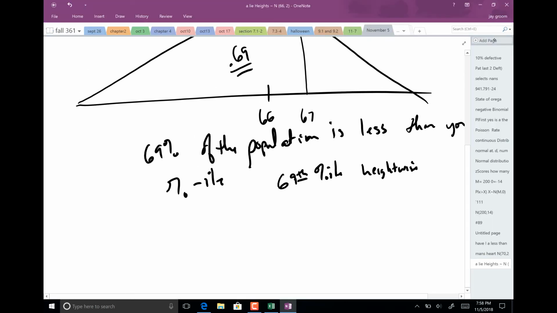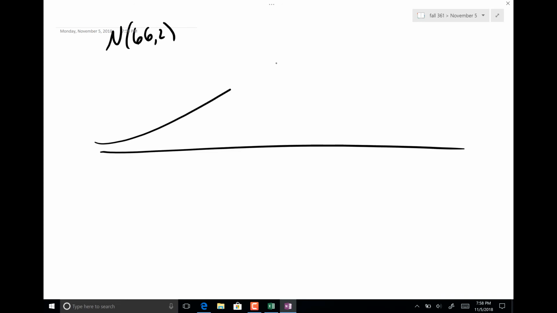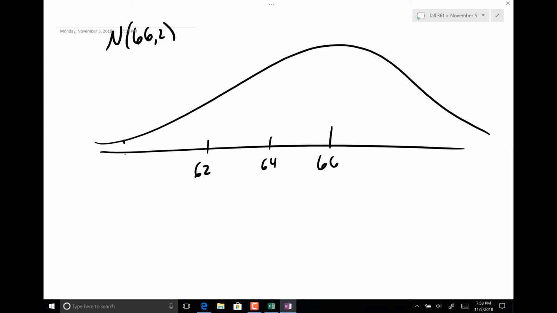If a person were to go on Match.com, and again, women's heights, let's just say 66 and 2, and the person has a weird taste in women's heights. For instance, this is what he's saying: 60, 64, 66, 68, 70, and 72.